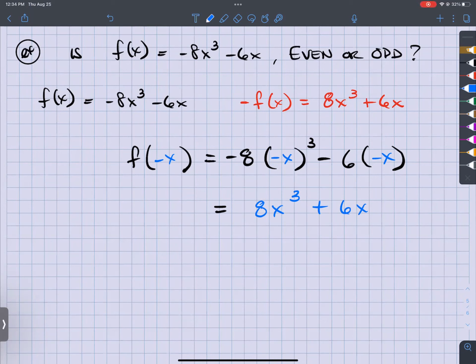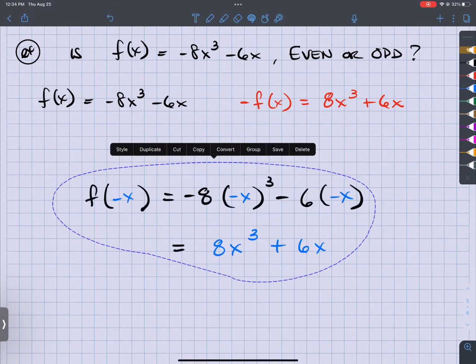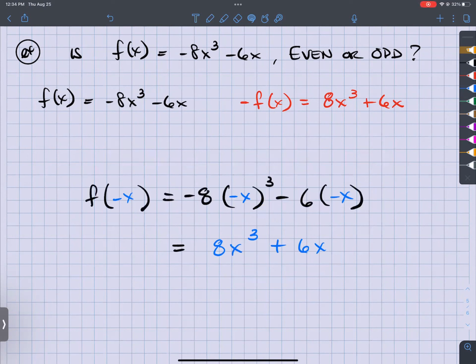So the question is, does this result look like f of x, or does it look like negative f of x? Okay, so check this out. Maybe I should have pointed this out: if it looks like this, then it must be odd.